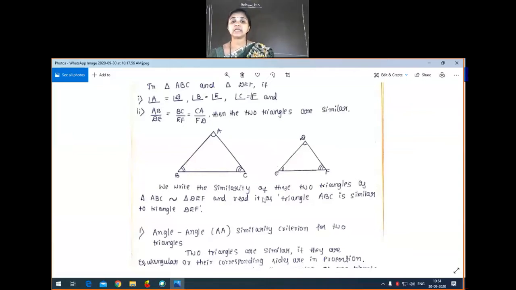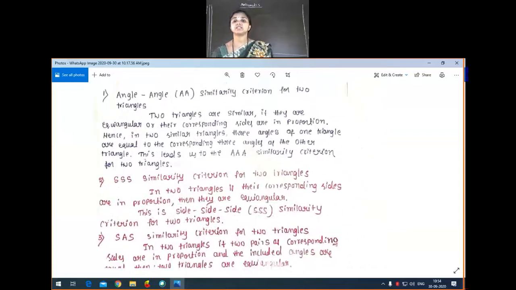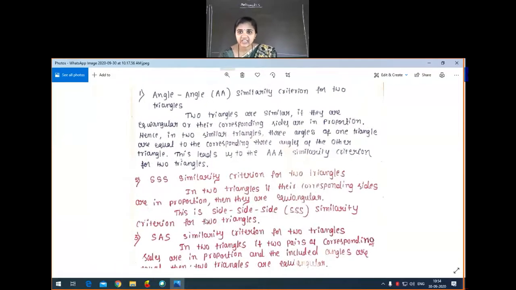So these are the three criteria of similarity: AA criteria, SSS criteria, SAS criteria. Actually, you have the theorem related to this AA criteria, SSS criteria, SAS criteria.